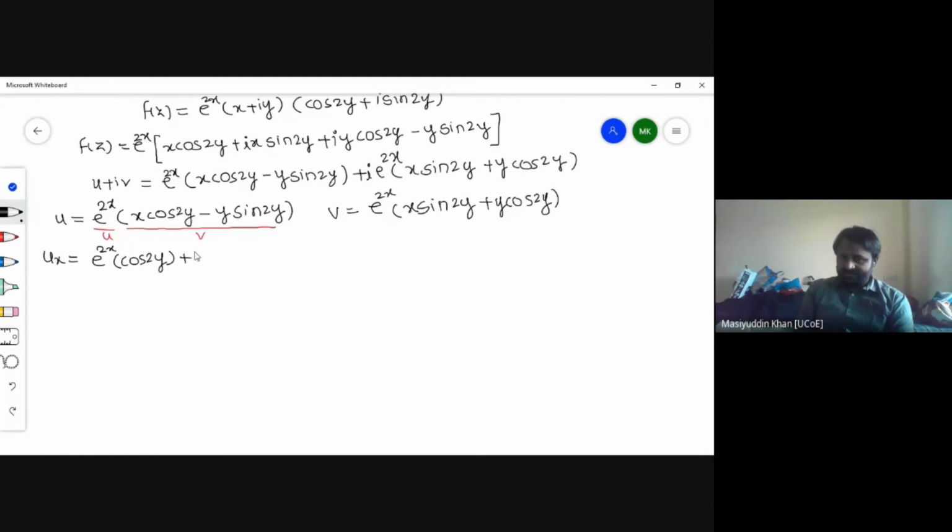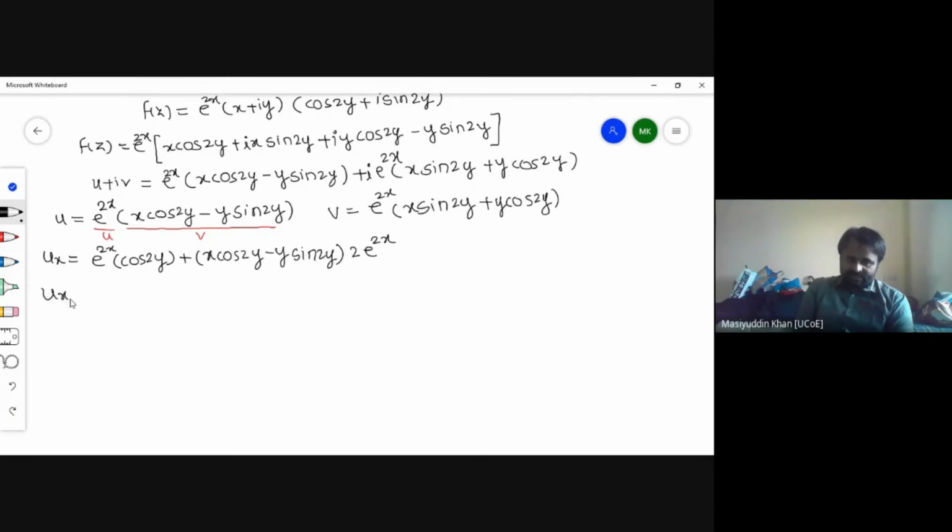Now v is kept as it is, so x into cos of 2y as it is, minus y into sin of 2y as it is, into the derivative of this part with respect to x, so 2 into e raised to 2x. Now I'm going to simplify this part.